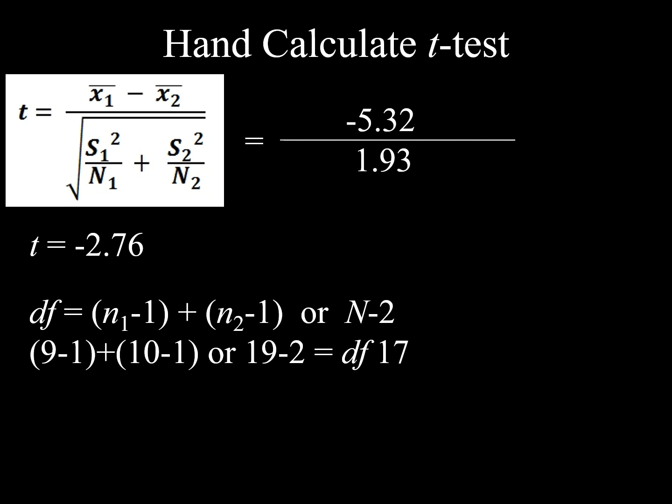And again, if we're not allowing SPSS to calculate this for us, we need to look at charts of probability to see, is the t of 2.76, positive or negative, at a degrees of freedom of 17 significant?